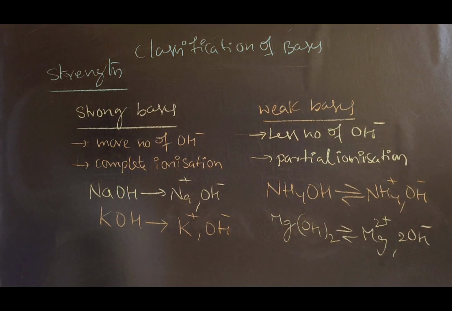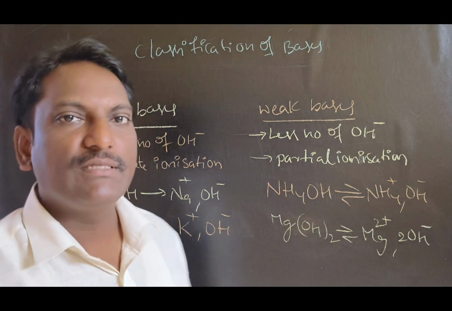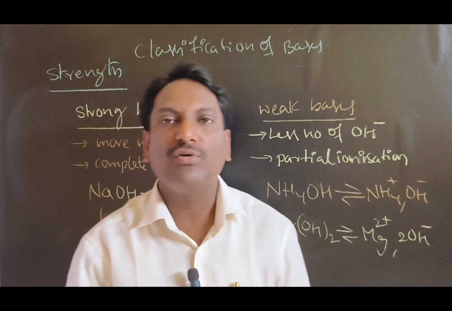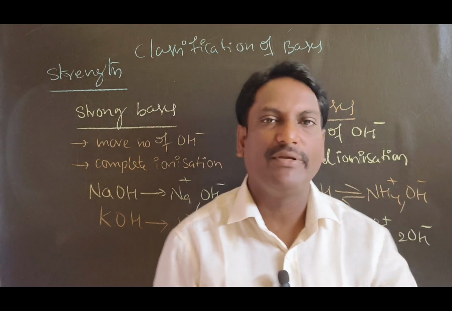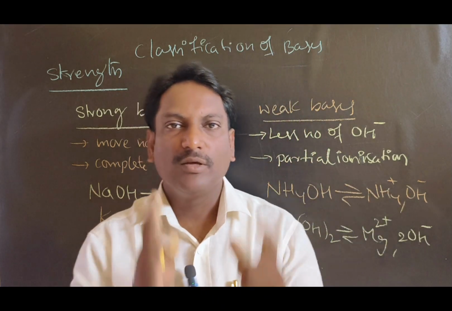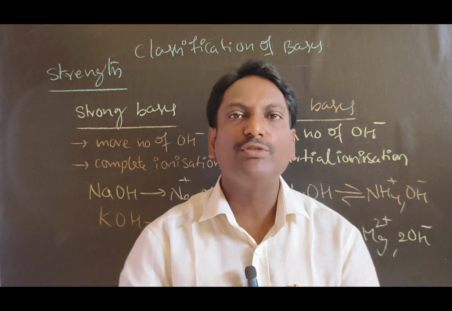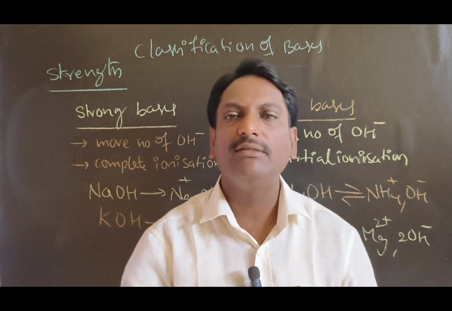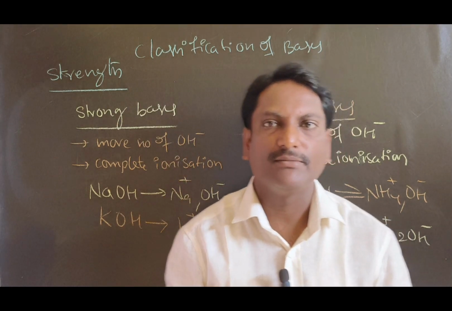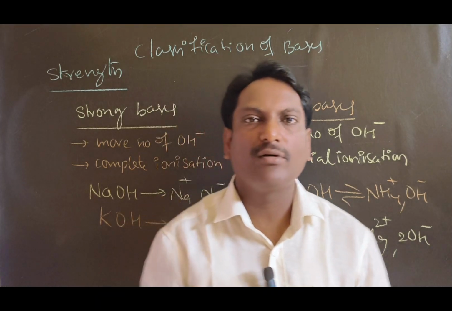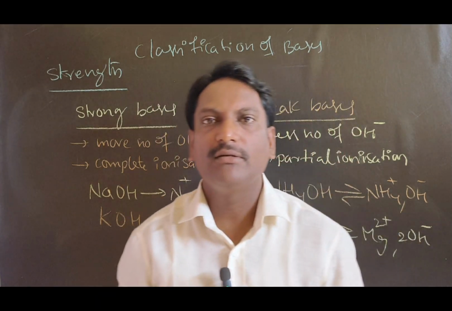Generally, these are considered as weak bases. Based on their strength, bases are classified into strong bases and weak bases. Strong bases means the base is ready to produce more number of OH minus ions on complete ionization. Example, sodium hydroxide, potassium hydroxide.